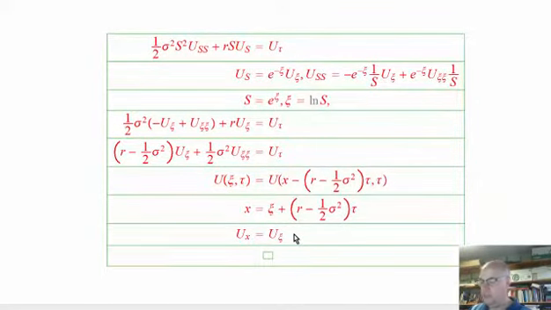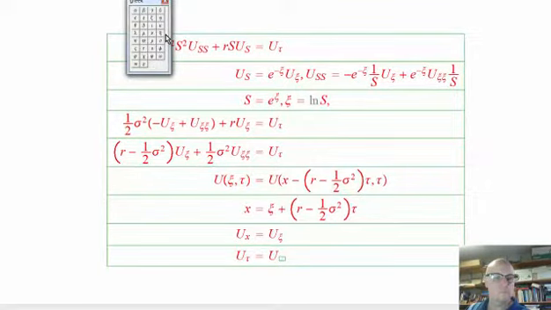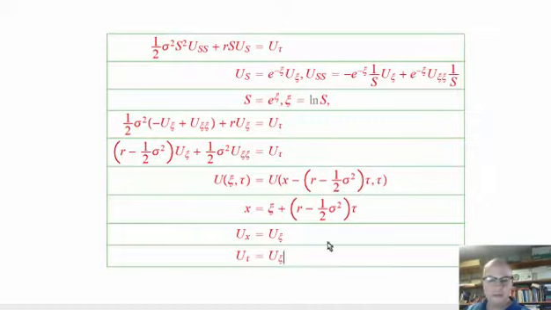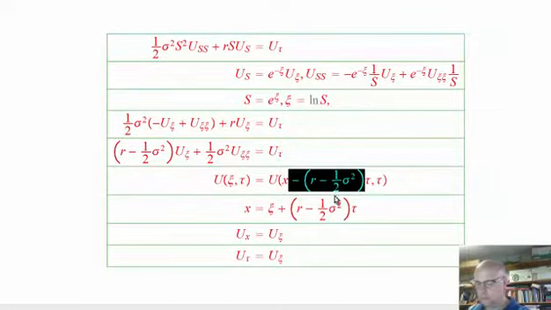But differentiating with respect to tau, so I want to differentiate u with respect to tau. Now there's a tau in both arguments. So I'm going to need the derivative of u with respect to the first argument, times the derivative of the first argument with respect to tau, which is this piece.